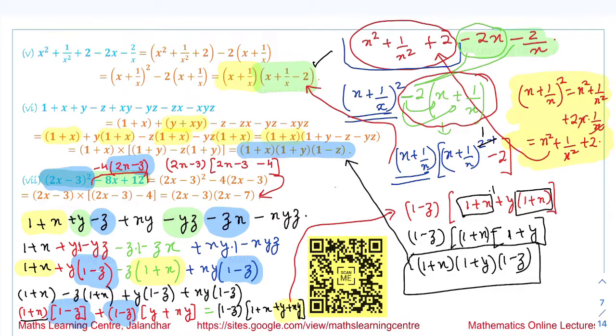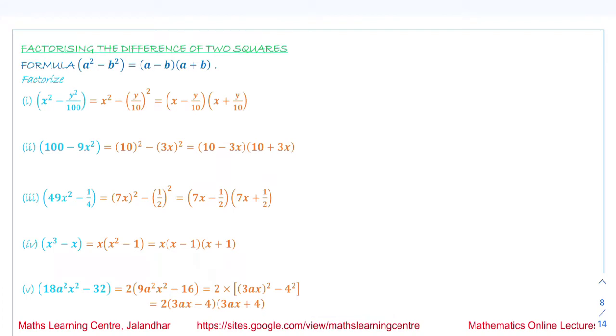Now the next we have is the factorization using the difference of squares. So we have the direct formula that we know, and most of the questions are based on this formula. We will use the grouping, we will use taking commons, and we will use this formula. The formula we have is a square minus b square is equal to a minus b into a plus b.